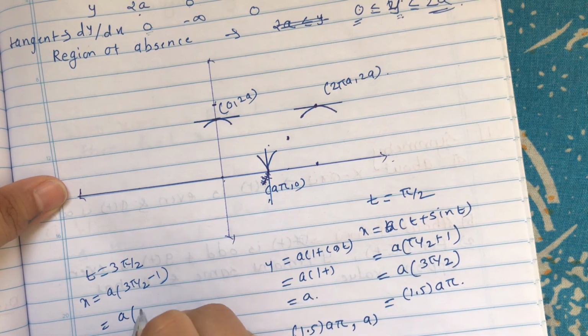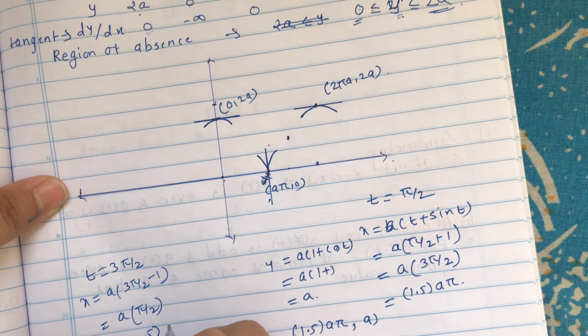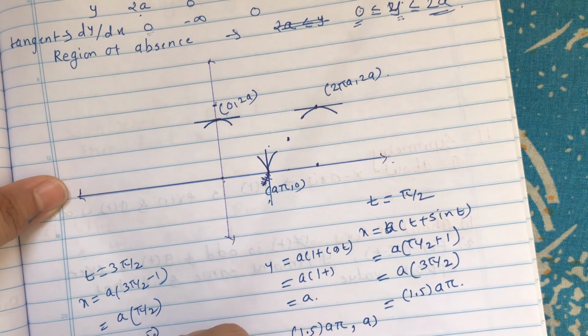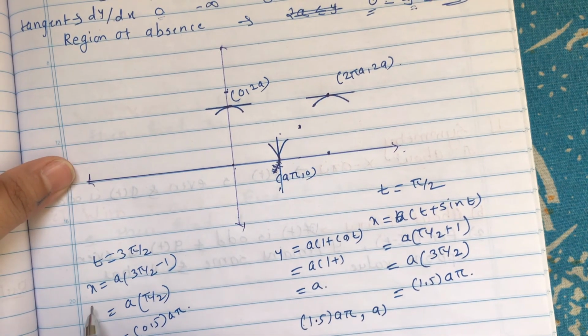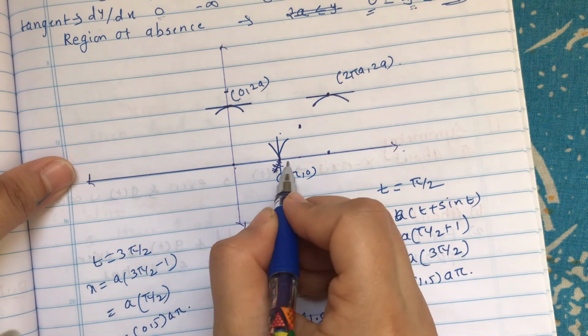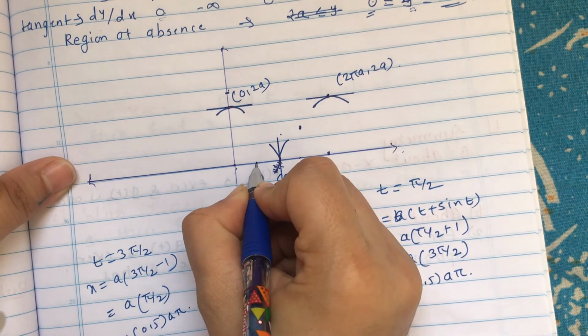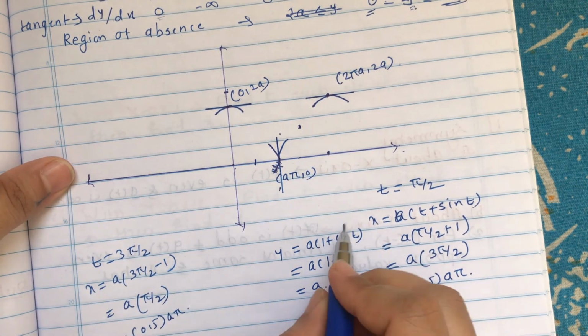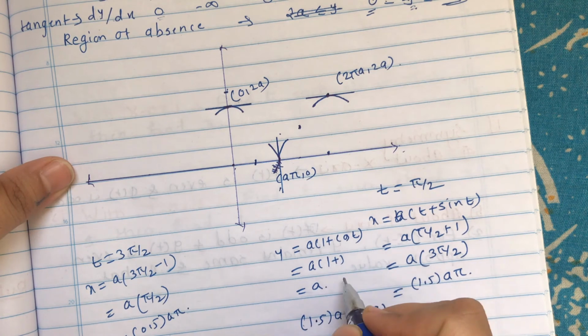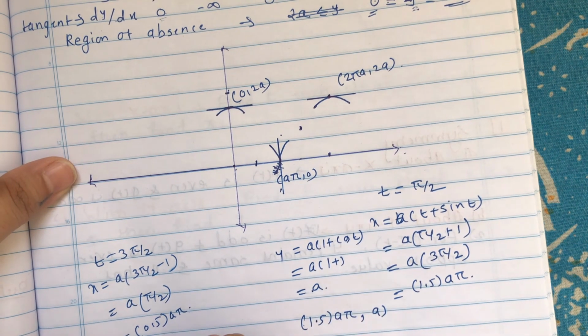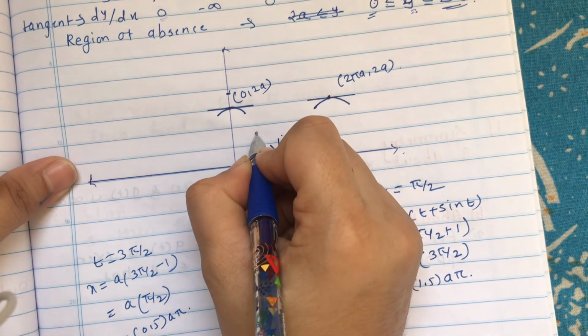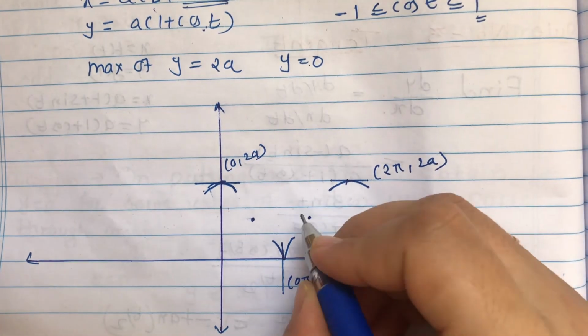A in bracket, this will be pi by 2, that means 0.5 of a pi. So if it is a pi, then half of this will be here, and for y, again this cos 3 pi by 2 is 0, so we will get y is equal to a, so the point will be 0.5 a pi comma a, so point will be here. Now complete the curve.